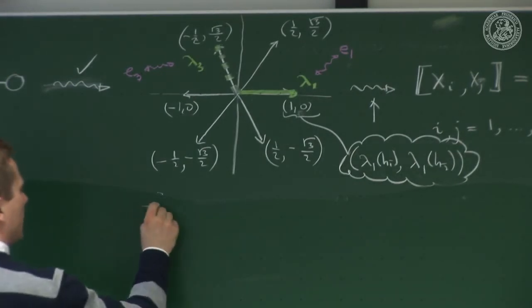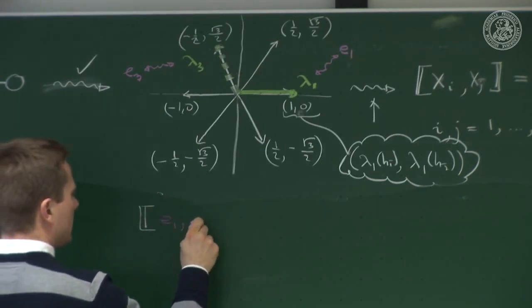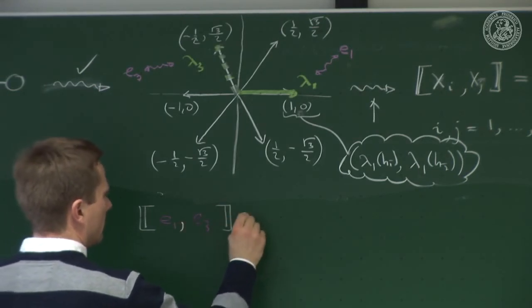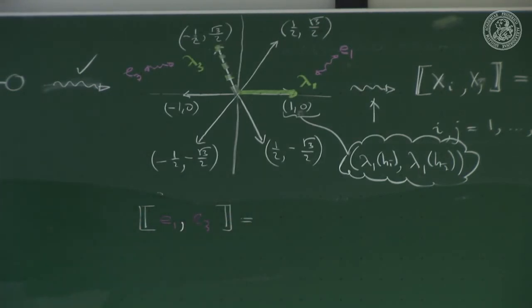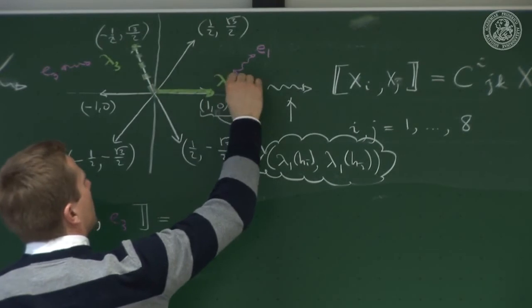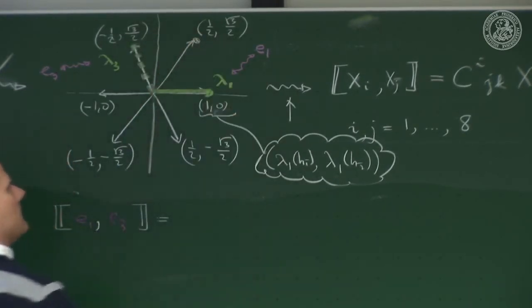So if you now wish to have that commutator, E1 with E3, then you know it's a root. You take this guy, lambda 1, you add it to lambda 3, and you land exactly here.